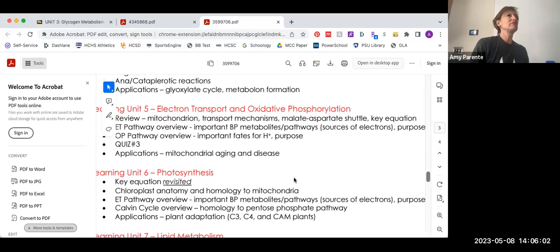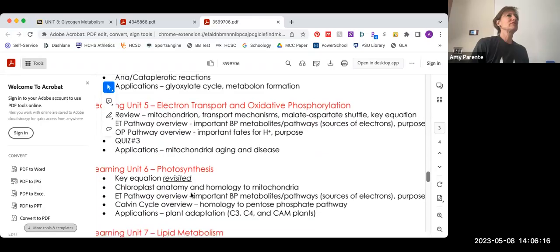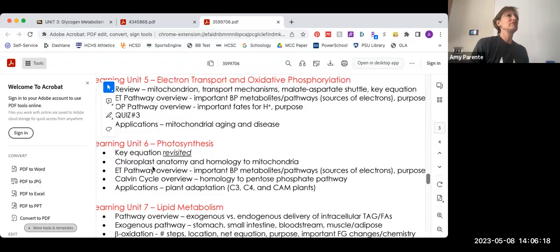ETC, again, you had a fundamentals quiz on that, being able to think about the importance of that proton gradient. And again, information on the mitochondrion as it relates to chloroplast. I wouldn't even worry about plant adaptation pieces.